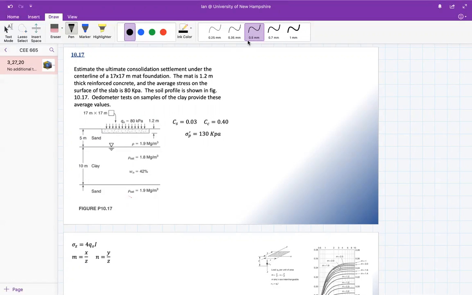So first thing we are going to do is assume the unit weight of concrete, which is just a typical value, and we're going to say 23.6 kilonewtons per cubic meter. Next we're going to find an initial load, which is going to be the weight of the foundation plus the load being applied.